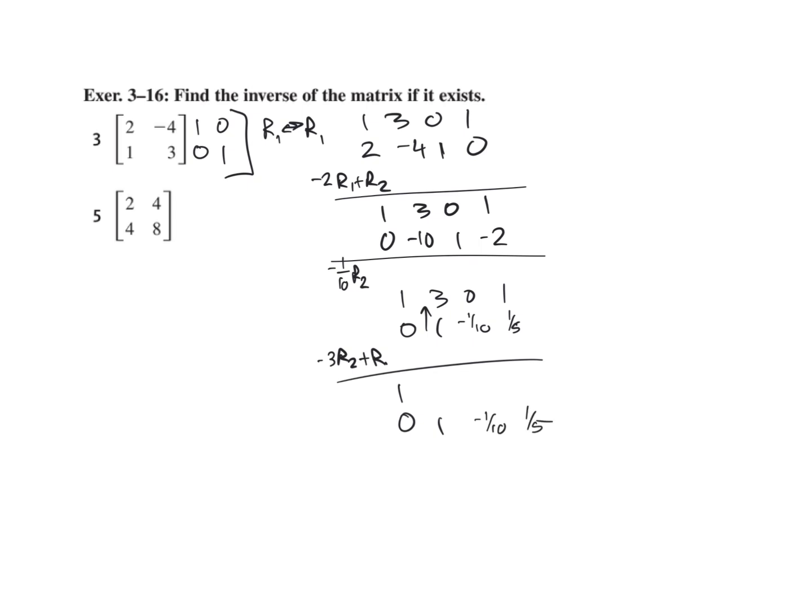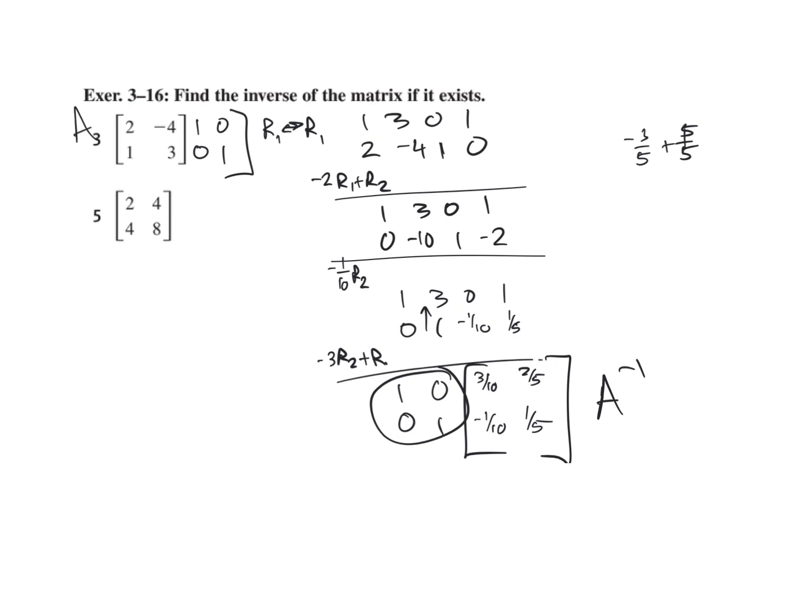We're changing row 1. So negative 3 plus 3 is 0. 3/10 plus 0 is 3/10. And negative 3/5 plus 1, which is the same thing as 5 over 5, so that's 2/5. So now this is the identity, and what we have here is the answer. If this is matrix A, then the inverse is what we have here, and that is correct.